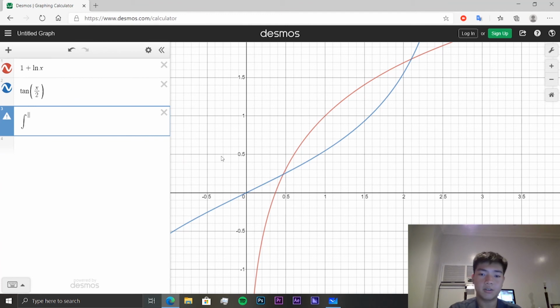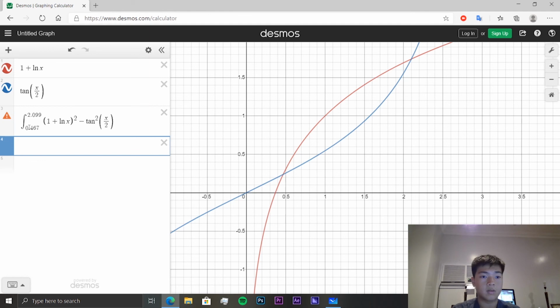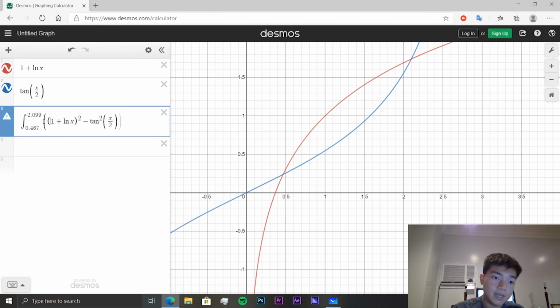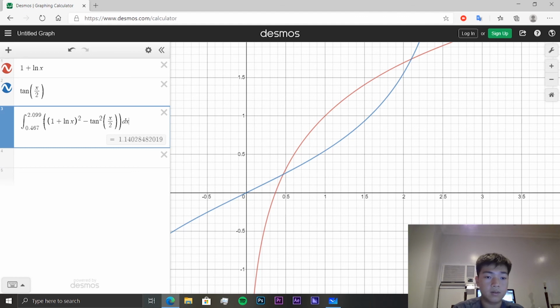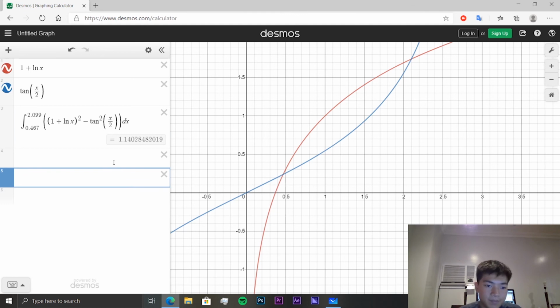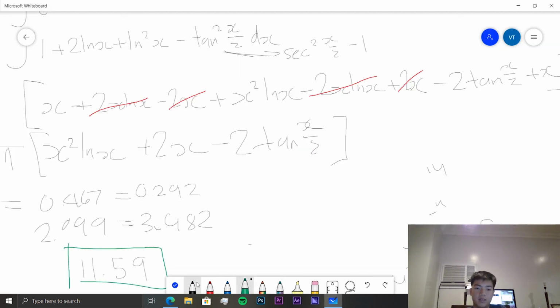So we need to get the integral between 0.467 and 2.099 of 1 plus ln x squared minus tangent squared x over 2 squared dx. All of this should be dx. Yeah, that's a massively smaller value. Oh, where did we go wrong? Wait, this should be ln x squared. That could be a problem.